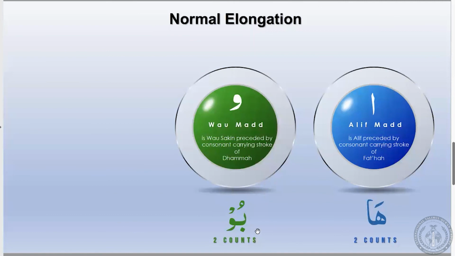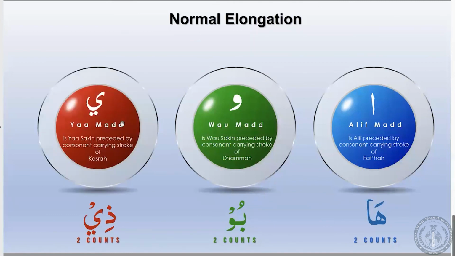Boo. And then finally we have ya mad, which is ya sakin preceded by a consonant carrying a stroke of kasra, or in other words, we have a ya sakin that comes straight after a letter carrying the stroke of kasra, as we can see over here. And this will also be pronounced for 2 counts.